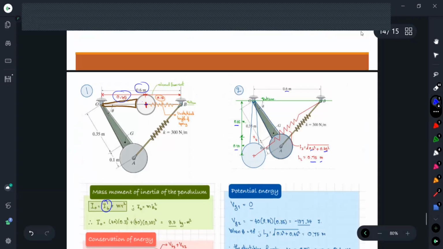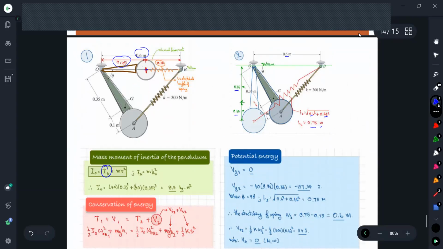So from the radius of gyration, we can determine the mass moment of inertia, IG equal to m kG squared. Then we use the parallel axis theorem to determine the inertia about point O, which is equal to IG plus m r squared. m is 40 and r is equal to 0.35. So we have IO equal to 8.5 kilogram meter squared.